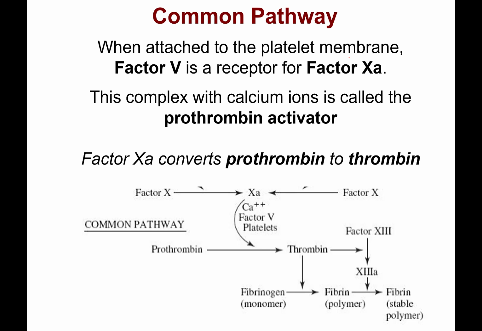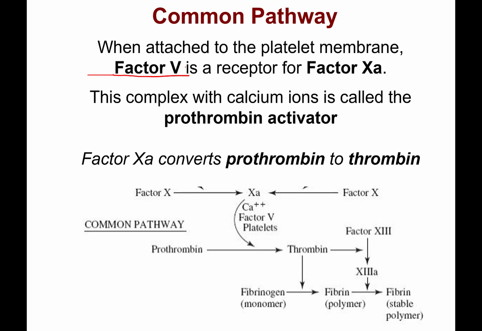So the common pathway picks up when you have attached to the platelet membrane this factor 5. So we already have a platelet plug. Factor 5 attaches to the platelet membrane, and factor 5 is a receptor for another factor known as factor 10A.